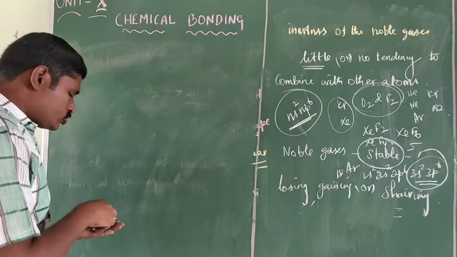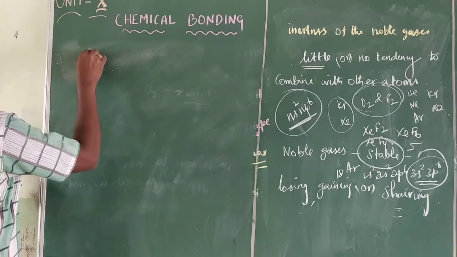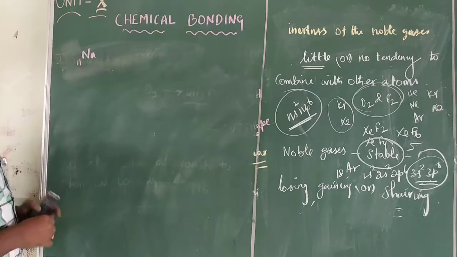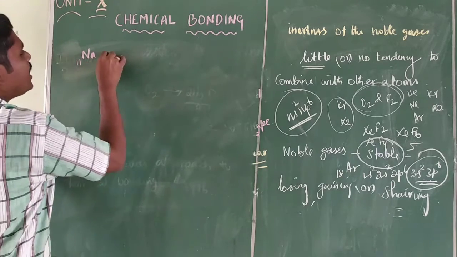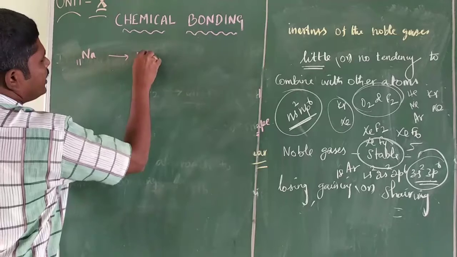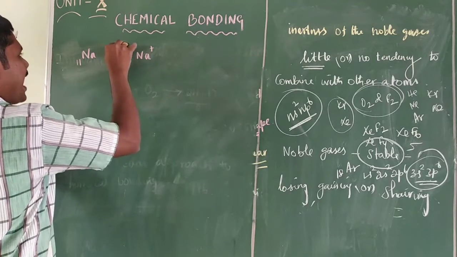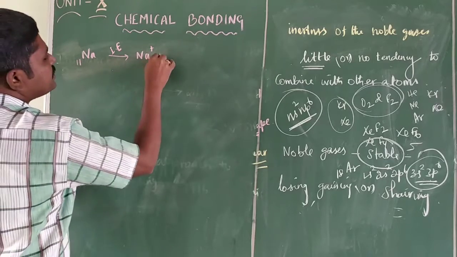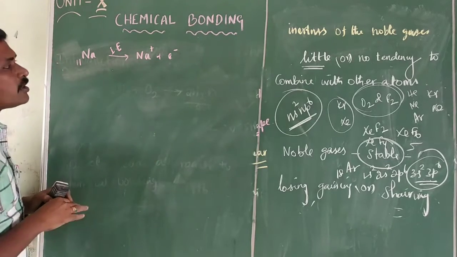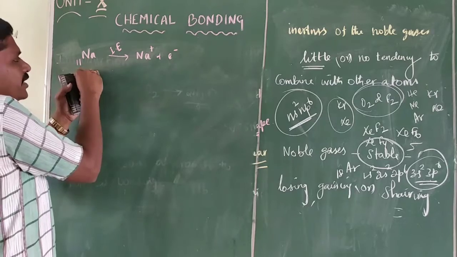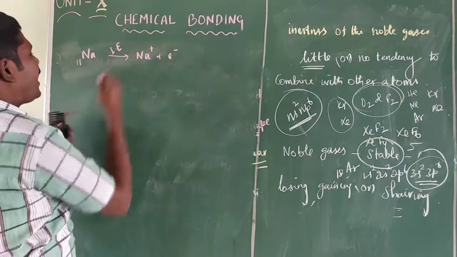For example, sodium, Na, atomic number 11. Sodium loses one electron to form Na plus, requiring ionization energy. So the sodium atom is converted into a sodium ion.